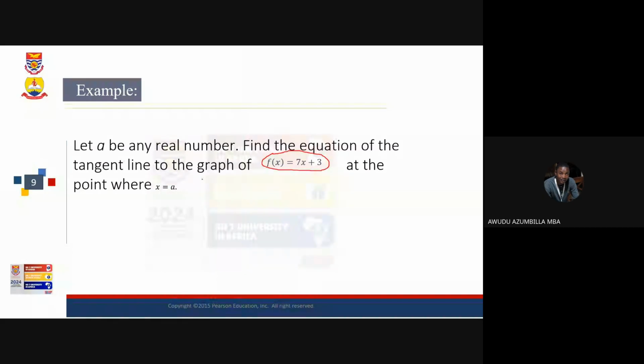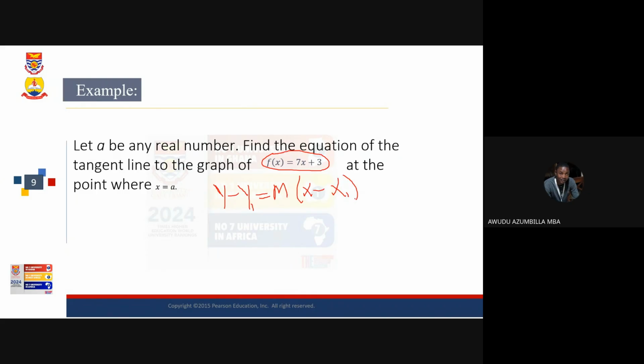We know that if we want to find the equation of a line, we all know the formula: y minus y1 is equal to m bracket x minus x1.